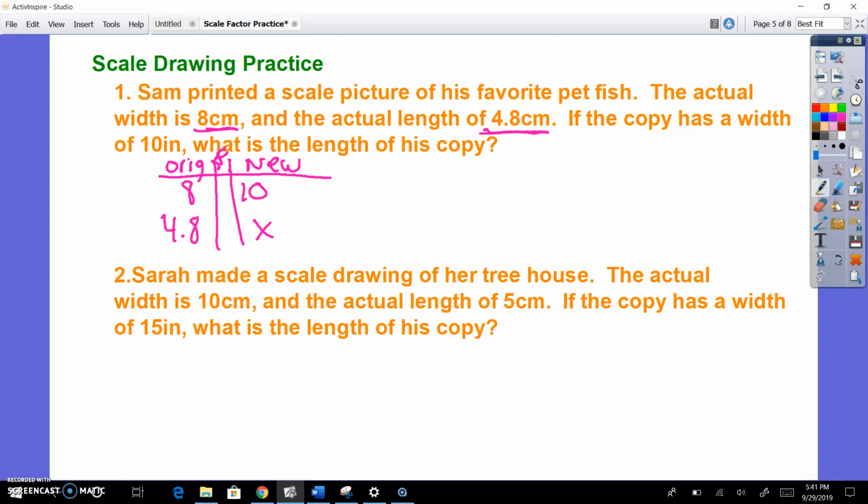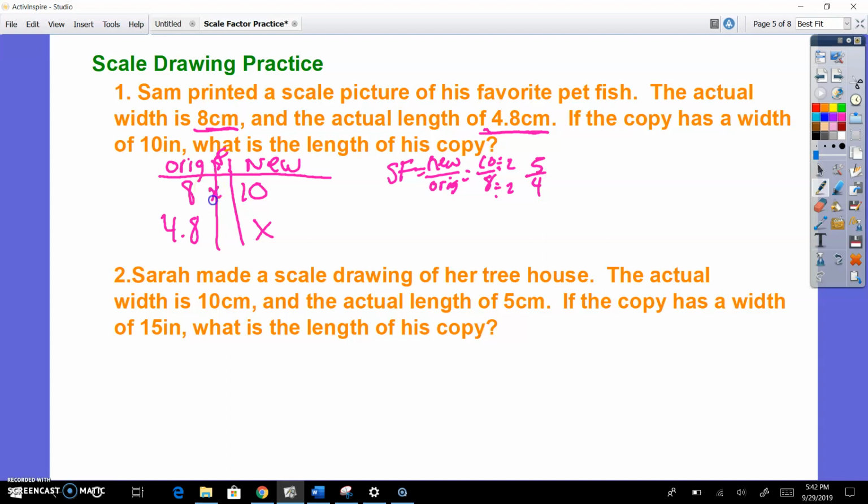Okay, so you could find the scale factor by doing the new divided by the original, which would be 10 divided by 8. And we can simplify that. 2 will go into both, so that gives me 5 over 4.